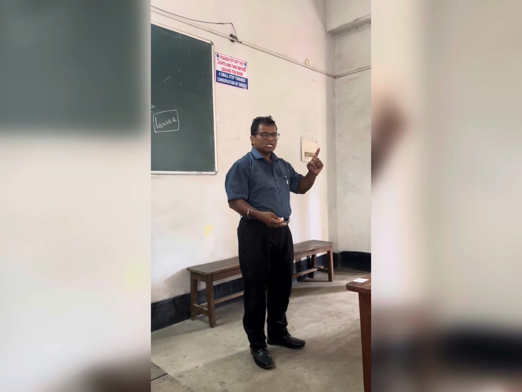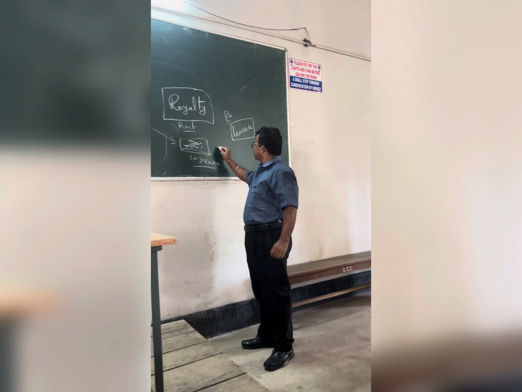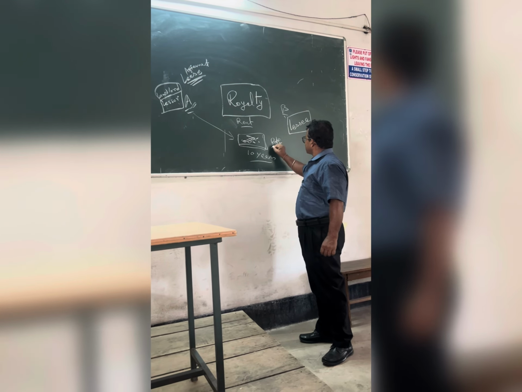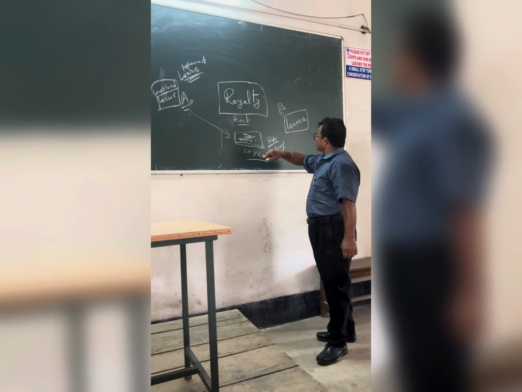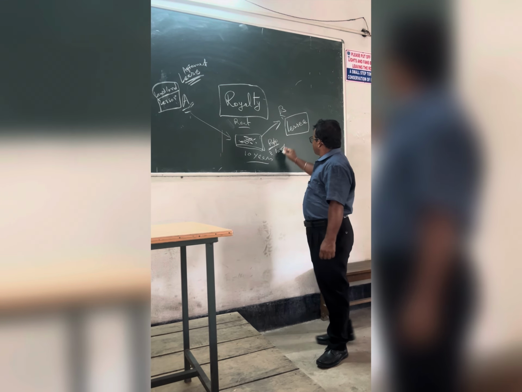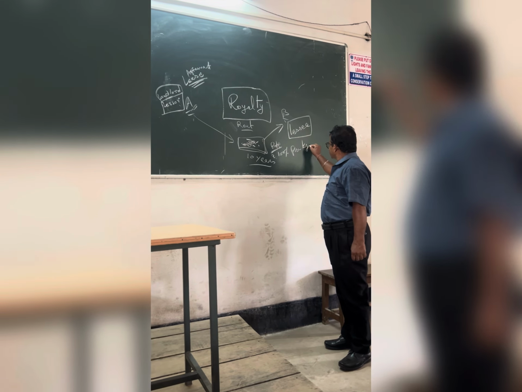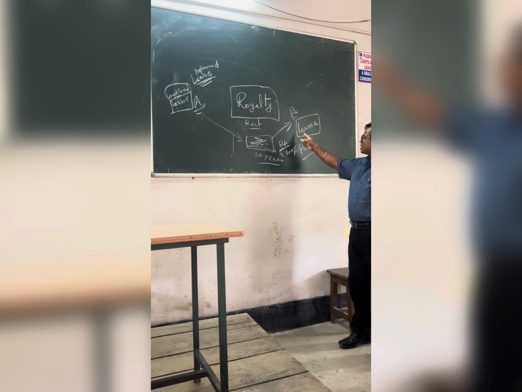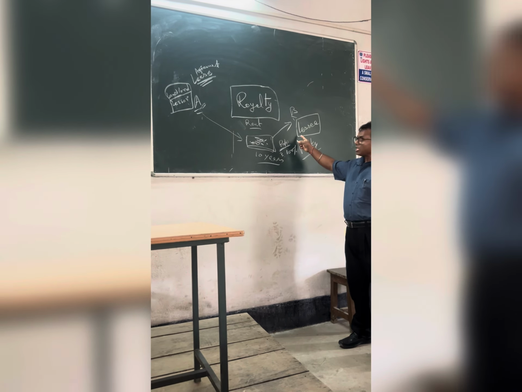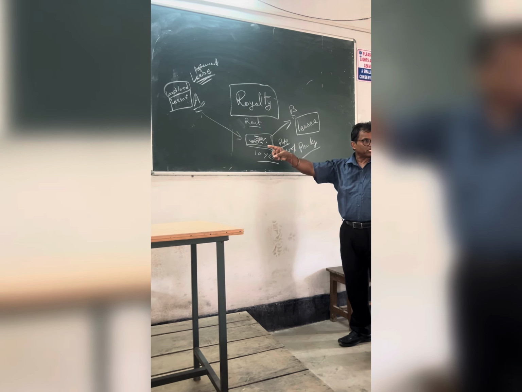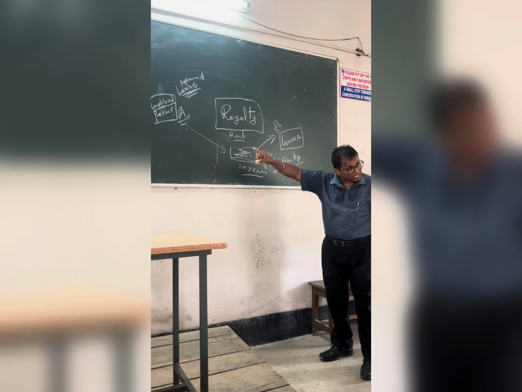And the condition is that, suppose, per kg of fish, A will get rupees 100 from B. He will produce fish and sell fish. If it is 1 kg, he will get 100. 2 kg, so 200. 1000 kg, so 1 lakh.